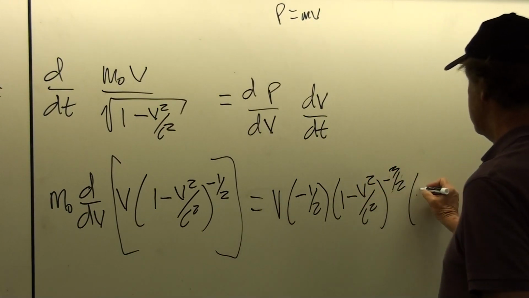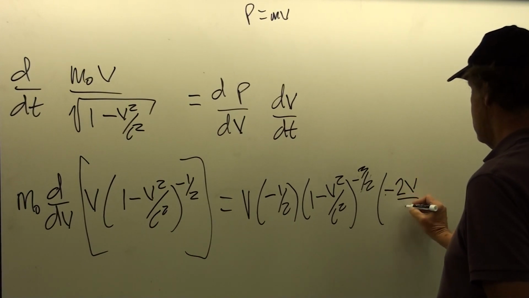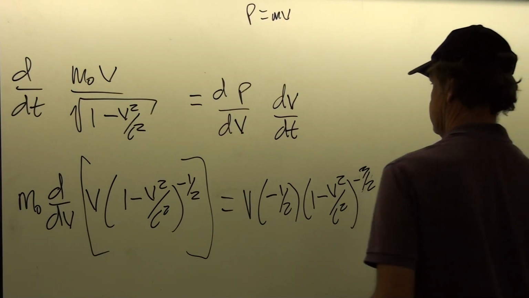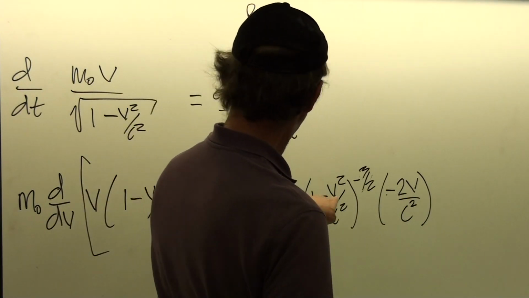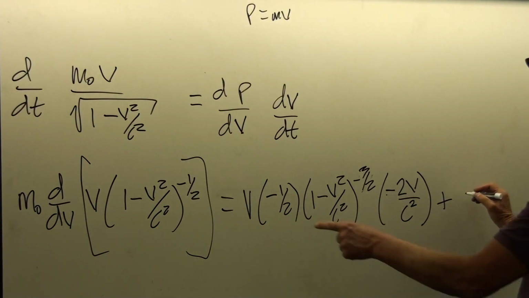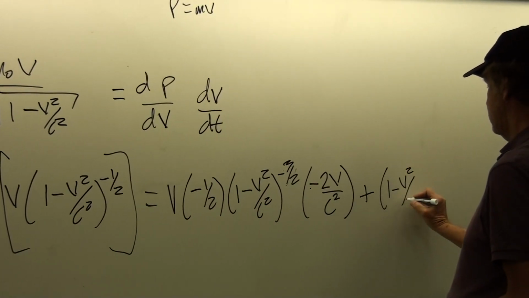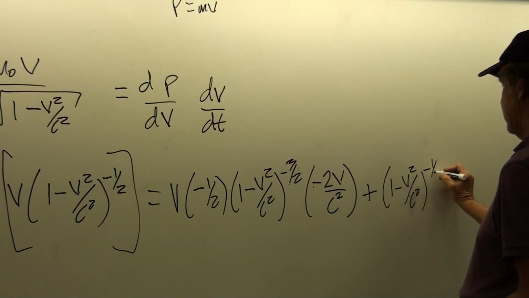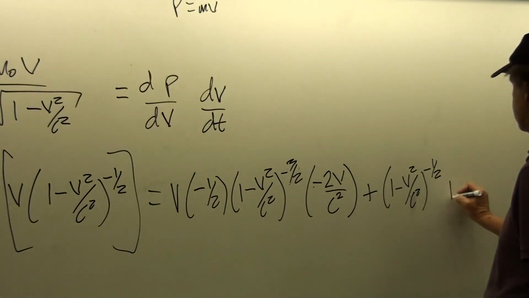Okay, so here that's going to be minus 2v over c squared. Okay, so that's first times derivative of the second plus second, which is 1 minus v squared over c squared to the minus 1/2, times derivative of the first, which is just 1.